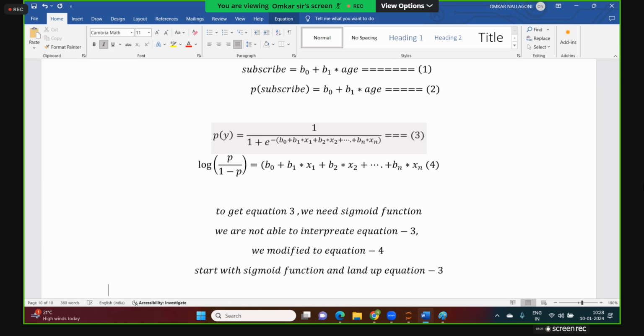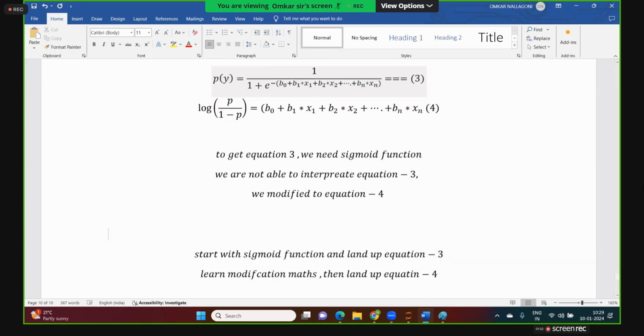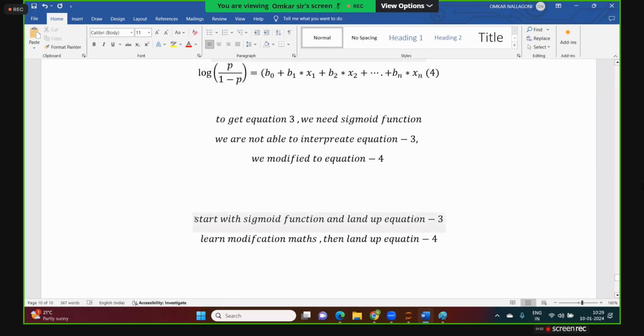And then learn the modification mathematics, and then land up at equation 4. Then logistic regression will be completed. Okay, so that is today's assignment.